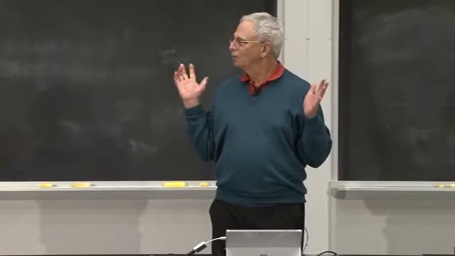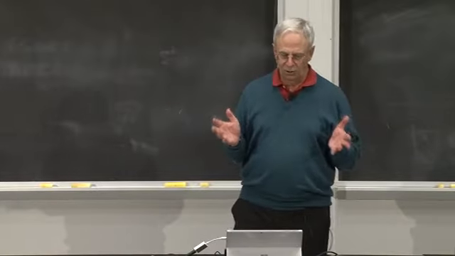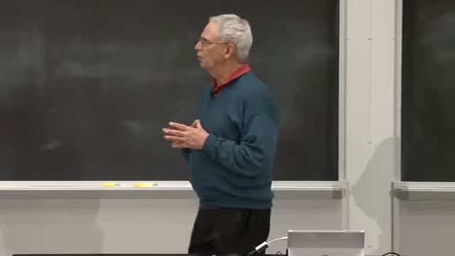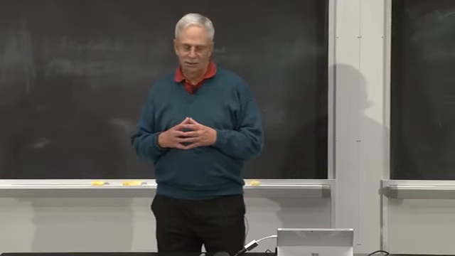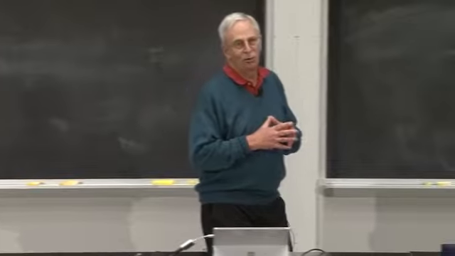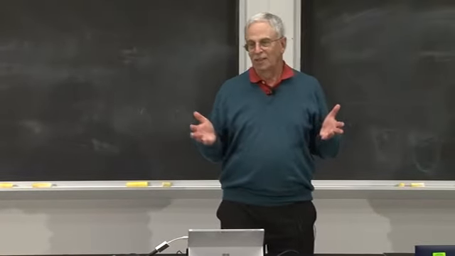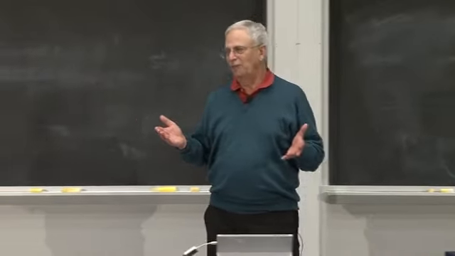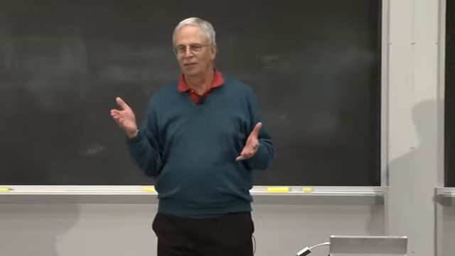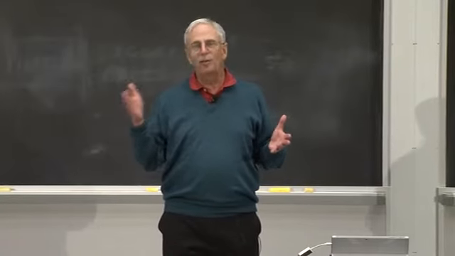All right. So what are the pros and cons of greedy? The pro, and it's a big pro, is that it's really easy to implement, as you could see. Also enormously important, it's really fast. We looked at the complexity last time. It was n log n, quite quick. The downside, and this can be either a big problem or not a big problem, is that it doesn't actually solve the problem, in the sense that we've asked ourselves to optimize something, and we get a solution that may or may not be optimal.